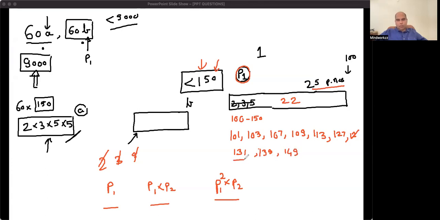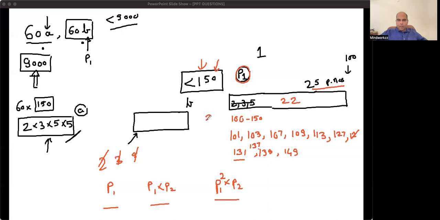So let me just check this. 131 is prime, 133, 135, 137. 133 is a multiple of 7. 135, of course, not prime. 137, 139, 137 is a multiple of what? It's not a multiple of 3, not of 7, not of 11. So 137 is also prime. 137, 139, 149. So 3, 6, 10.